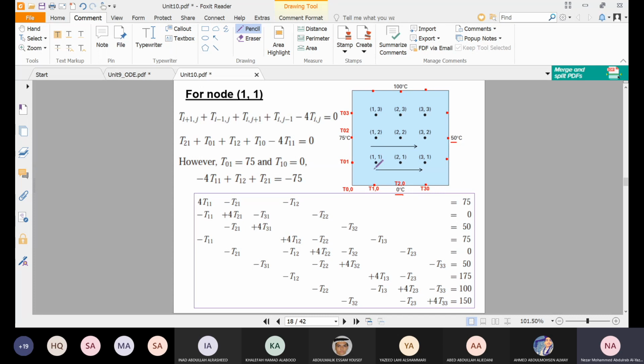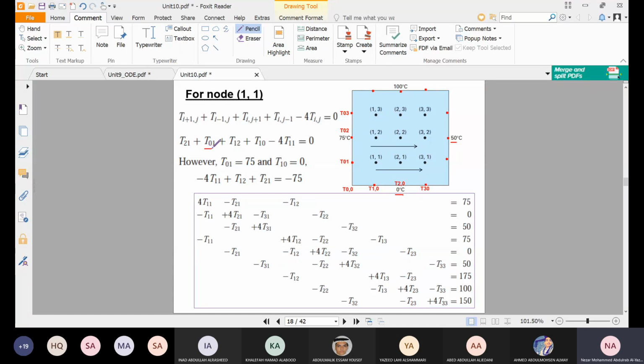So for this one, we just substitute here i and j by 1 and 1. So the first term is T21 plus T(i-1,j), so 1 minus 1 will be 0. So I have T01. Okay, so that contains 0.